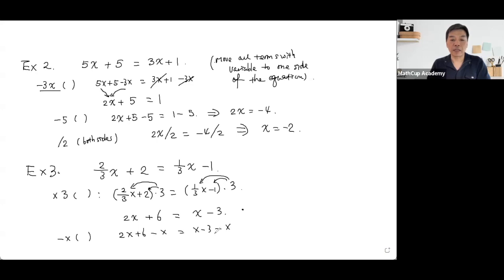This has the effect of removing the x on the right-hand side, and you have x plus 6 equals -3, right? We have combined the like terms, the terms with x. x plus 6 equals -3, so you have x equals -9 by minus 6 to both sides of the equation.